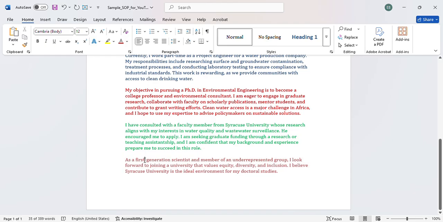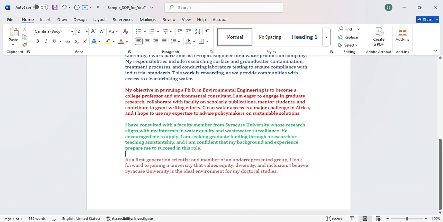"As a first generation scientist and a member of an underrepresented group, I look forward to joining a university that values equity, diversity, and inclusion. And I believe Syracuse University is an ideal environment for my doctoral studies."